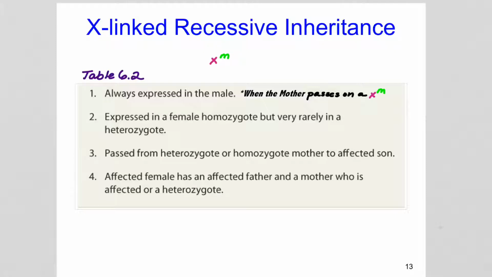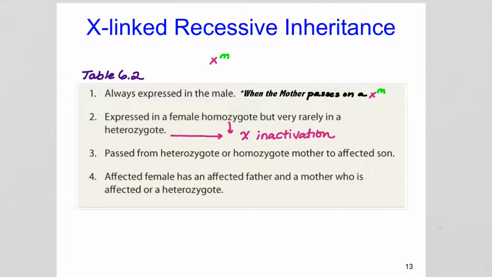So always expressed in a female homozygote, but rarely in a heterozygote. And the reason for that we're going to cover in more detail in a few slides. But this is because of X inactivation. So it deals with the fact that one of the X chromosomes is randomly going to be turned off. And in the heterozygous condition, if it's the normal functioning copy, we're going to see the condition or symptoms associated with the condition in the female.